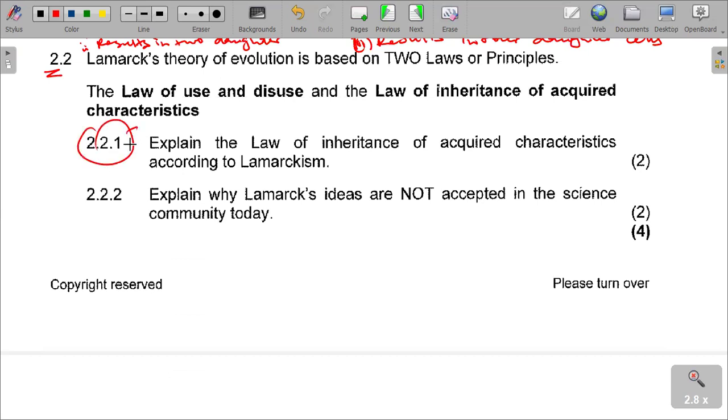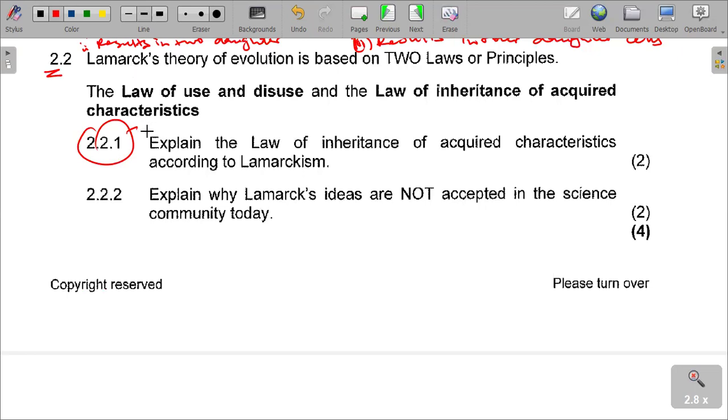Question 2.2.1. So it actually explains modifications that are brought about by frequency of use or disuse, which are transmitted to offsprings in terms of acquired characteristics.